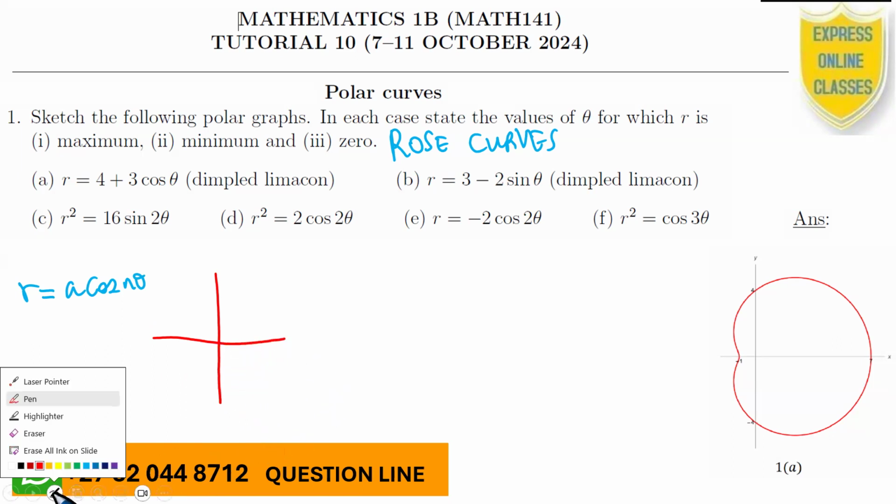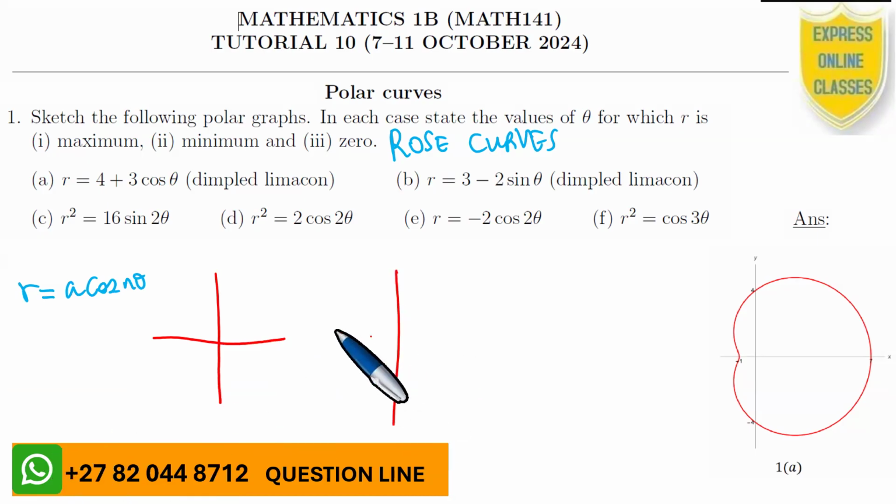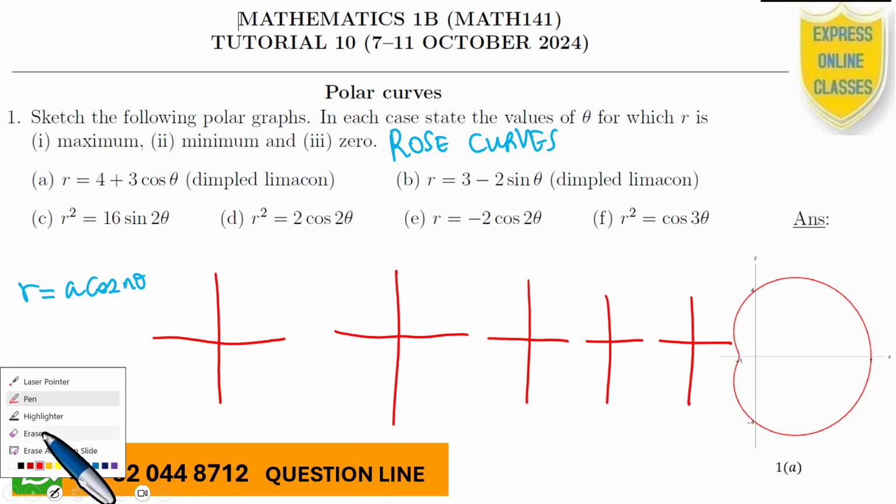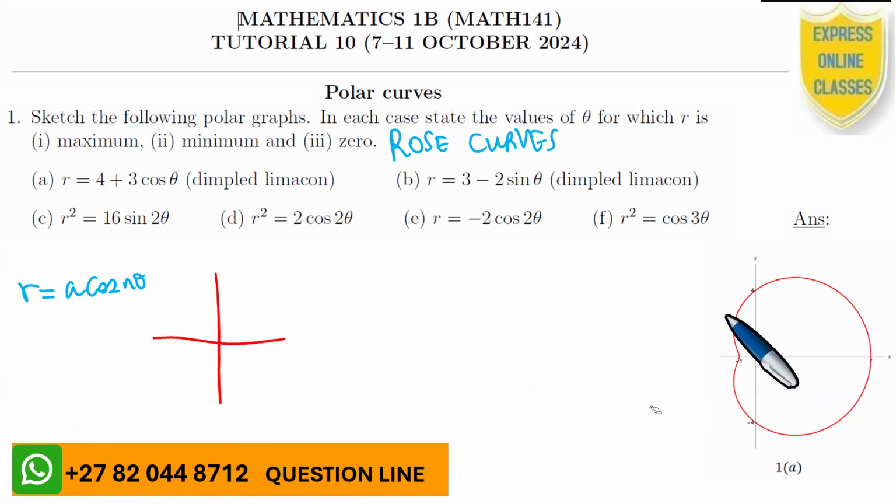For the cosine, you have this one. So you have a total of 2, 4, 5. Perhaps let me make them a little bit equal to each other.